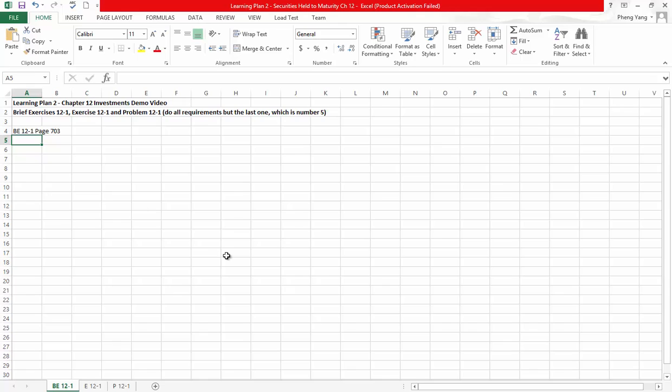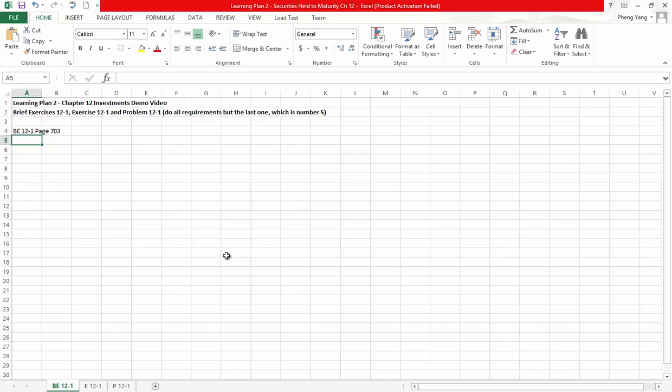Okay, so for brief exercise 12-1, Lance Brothers Enterprises acquired 720,000 of 3% bonds dated July 1st on July 1st, 2013 as a long-term investment. Management has the positive intent and ability to hold the bonds until maturity. The market interest rate yield was 4% for bonds of similar risk and maturity.